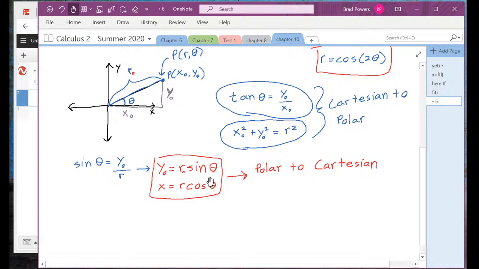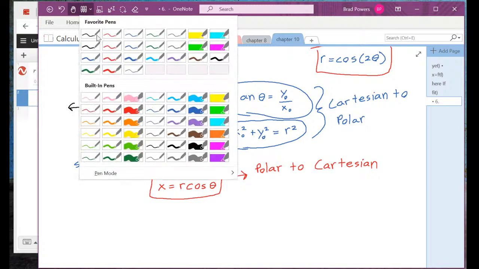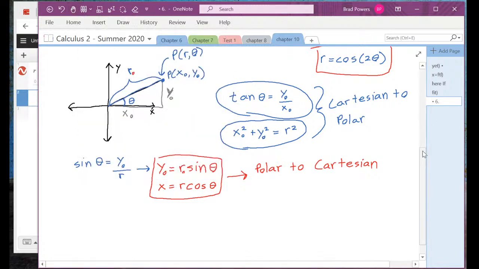It's a function of r and theta, because remember, r is changing along with theta. X is related to r and theta, and r changes along with theta. So this is almost parametric, but it's not. But I could totally use this to get parametric equations, and that's the cool thing.